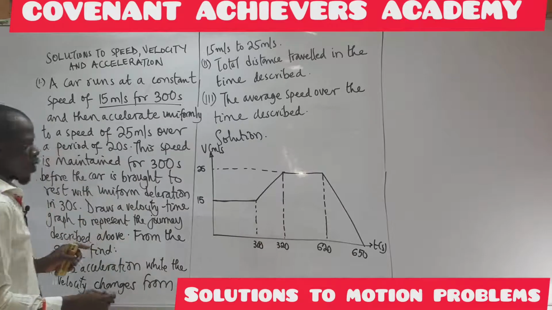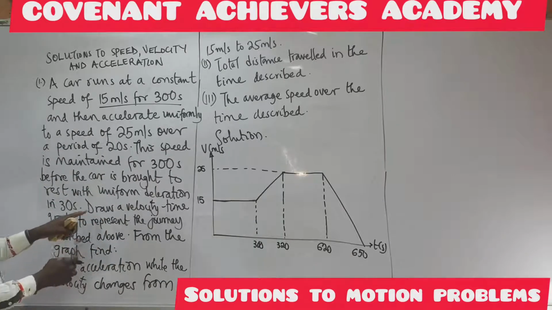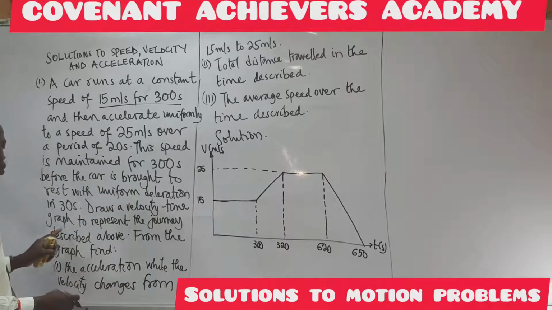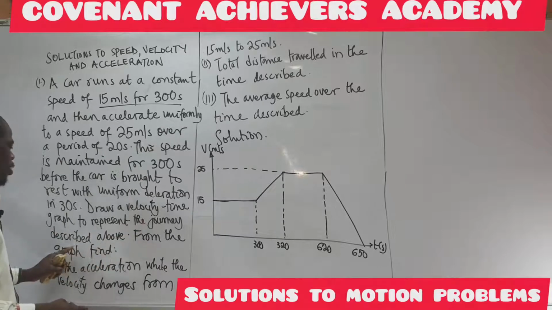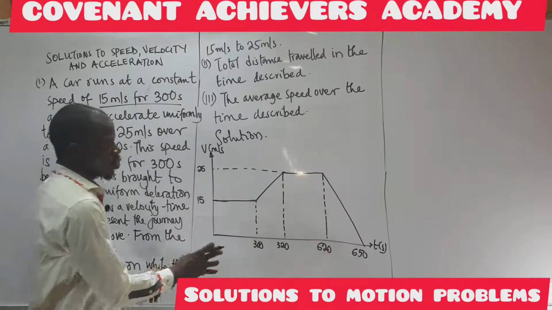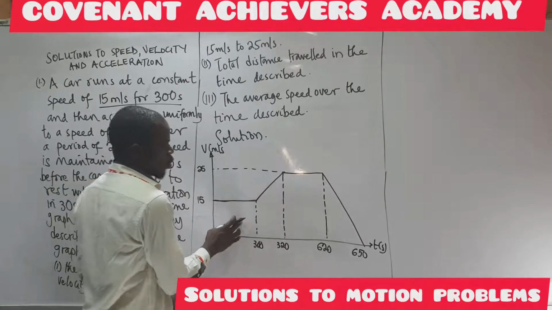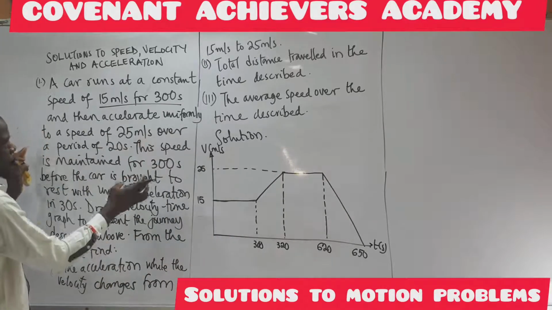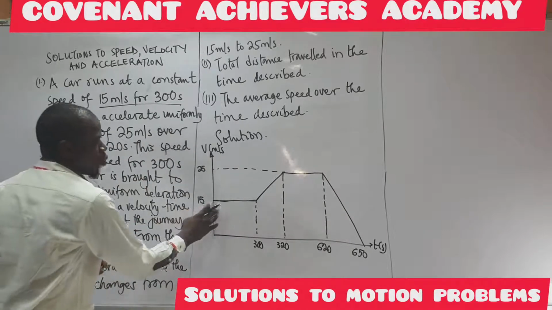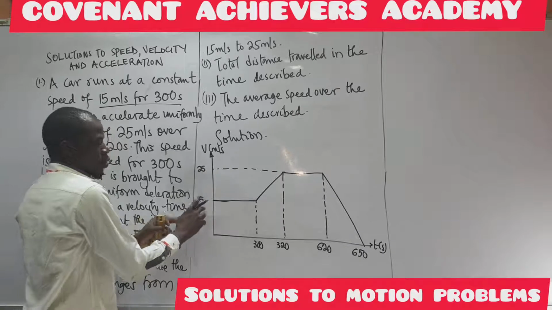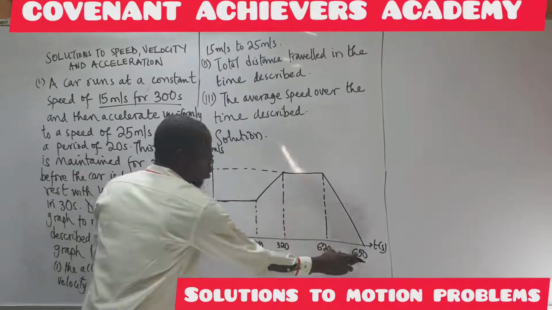The first thing was to draw a velocity time graph to represent the journey described above. So this is how you have the velocity time graph to represent this whole motion of how the car moves, from where we start to observe it to when it comes to rest.